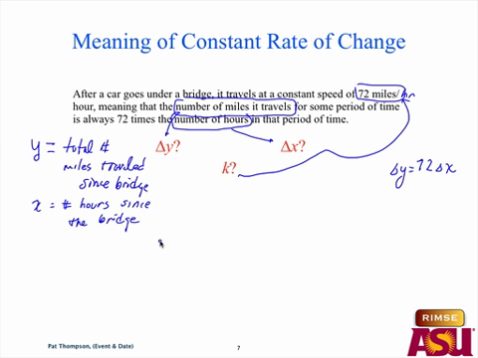Okay. To have constant rate of change, it's talking about the quantities of additional or change in these original quantities. That's the focus of constant rate of change, is the changes in the quantities, not the quantities themselves.